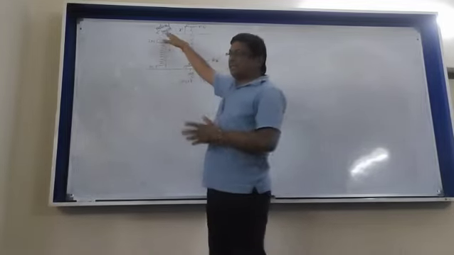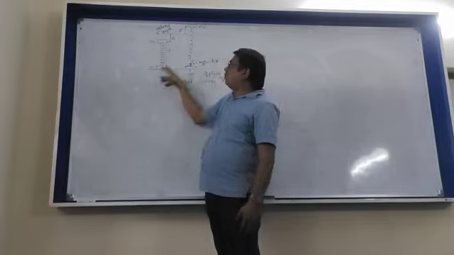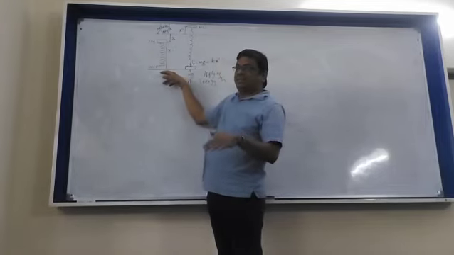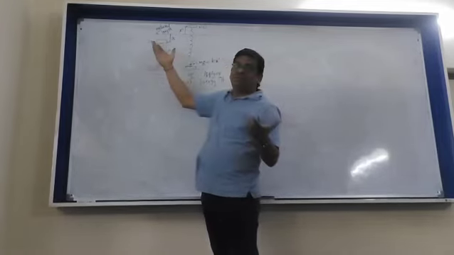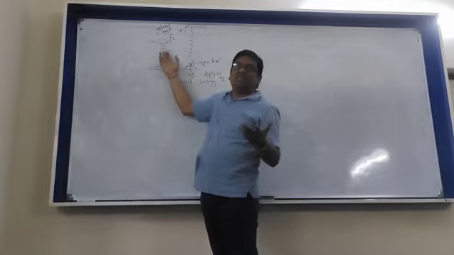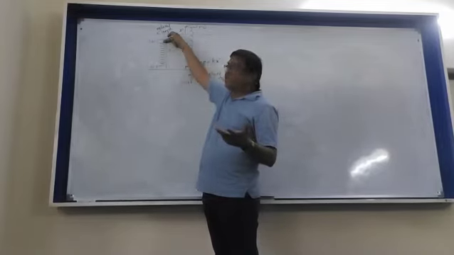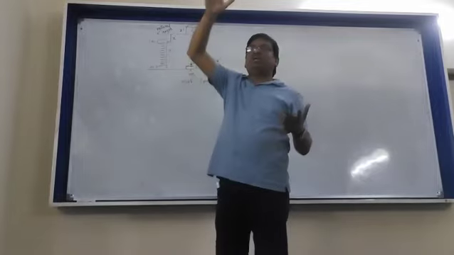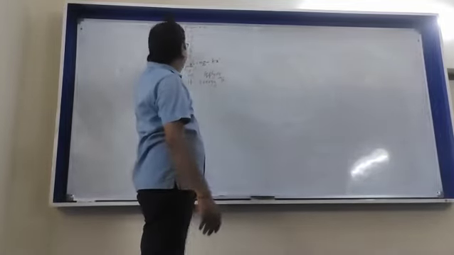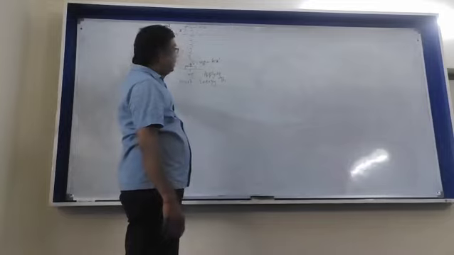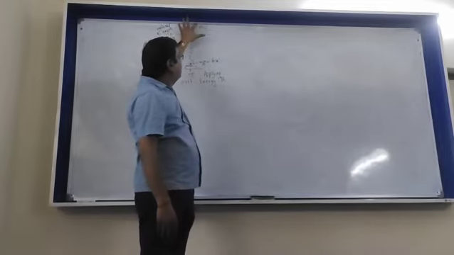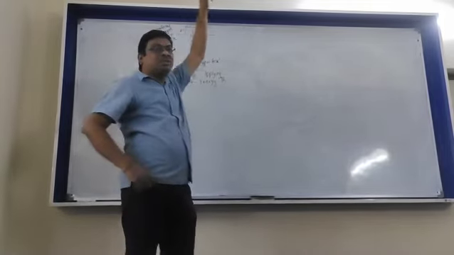Just see, only two forces are there on this block. Of course, this block remained there itself. Spring is anyway massless. We have to consider only the elastic potential energy of the spring. Here, the block has gravitational potential energy and kinetic energy. There is no change in kinetic energy. Initially it was at rest, and now also it is at rest at the highest position.